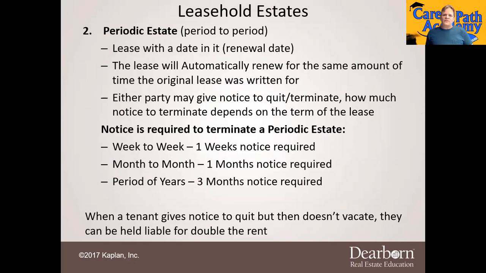So if the tenant does not give their notice to quit, that they're not going to renew the lease, it's automatically going to renew. Isn't that kind of the opposite of an estate for years? In an estate for years, the tenant has to sign a new lease. Otherwise, they got to get out. In a periodic lease, the tenant has to give their notice to quit. Otherwise, it's automatically going to renew.